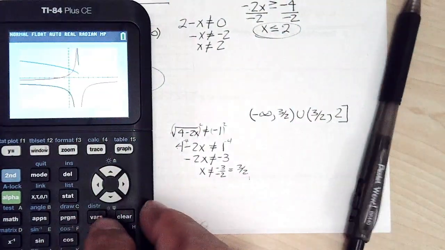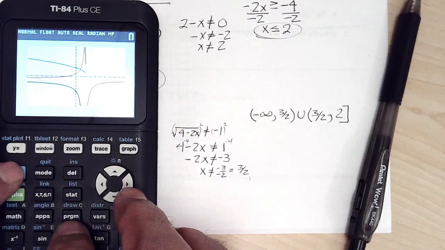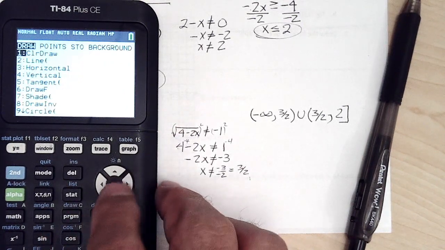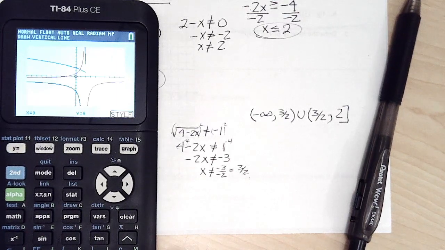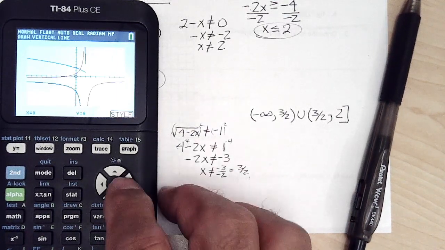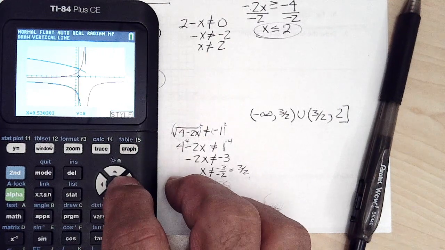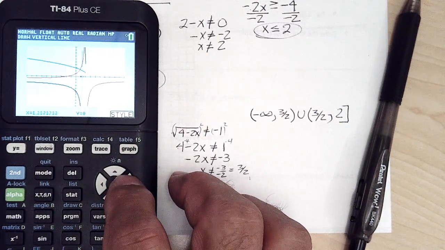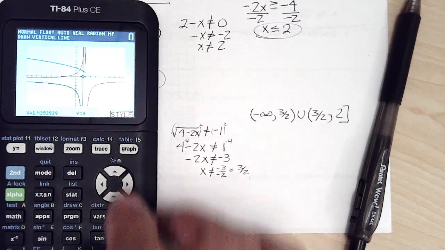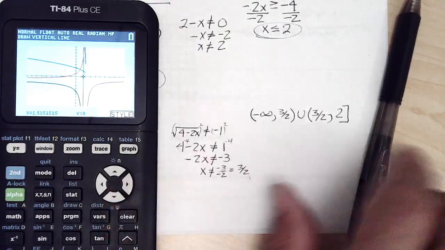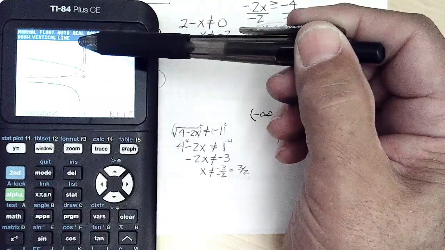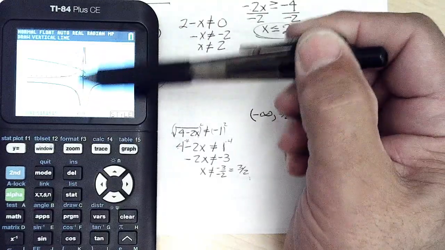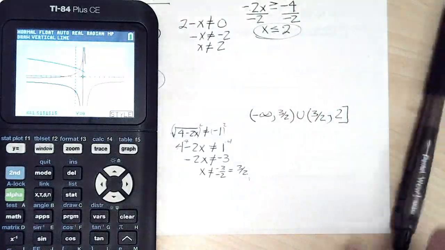Let me even show you. I'm going to go second, draw a vertical line at 1.5. And there's close to it. And do you see how the black went down and avoided that, and then it came back on the other side of it, but it didn't hit that vertical line.